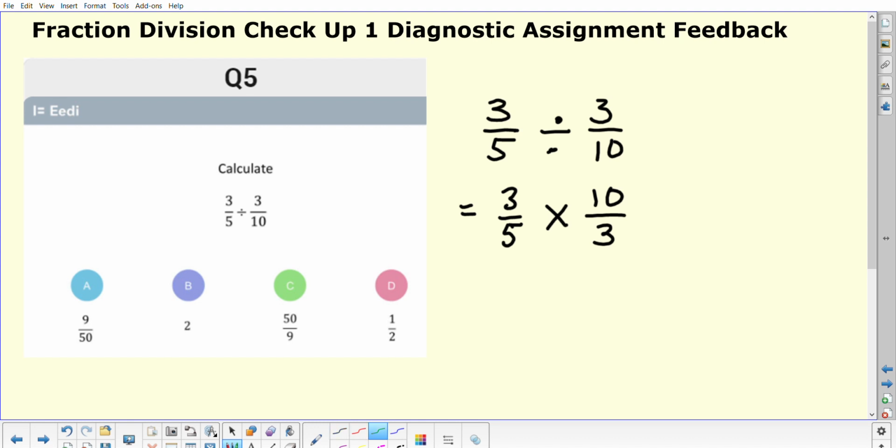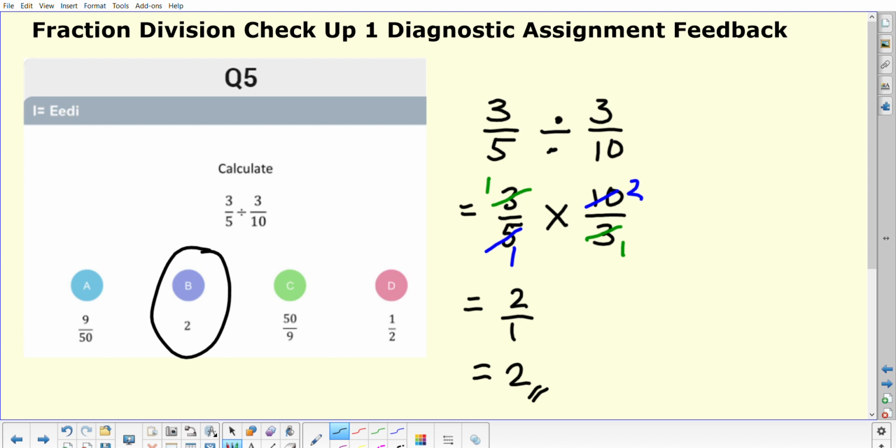The cancelling that you can do here, so you would be doing 3 into 3, and also 5 into the other pair, the 5 and 10, so 5 into 5 is 1, and 5 into 10 would give you 2. That would give you final answer 1 times 2 would be 2 over 1 times 1, and 2/1 is the same as the whole number of 2, so of course that would lead you to your answer of B.